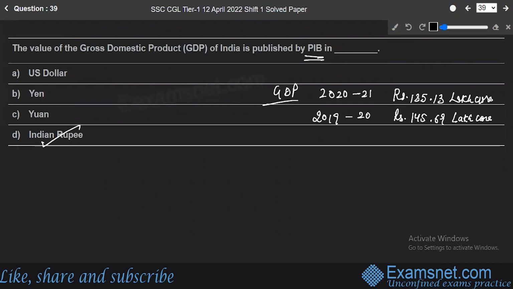This growth in GDP during 2020 to 21 is estimated at -7.3%. So option D, Indian rupee, is the answer to the question. Hope you are clear. Then let's move to the next question.